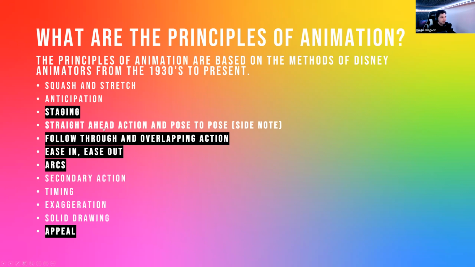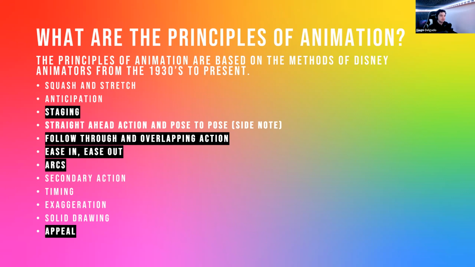However, real quick side note on straight ahead action and pose to pose action. Basically, there's two major ways to animate something. You can go through frame by frame and draw every single frame, or you can do what's called pose to pose. And After Effects, with the use of keyframing, is pose to pose.